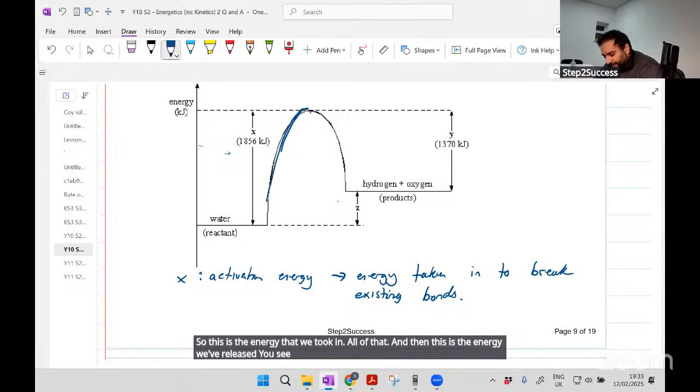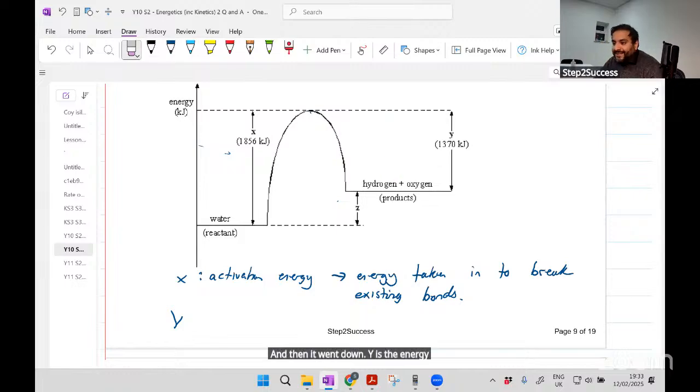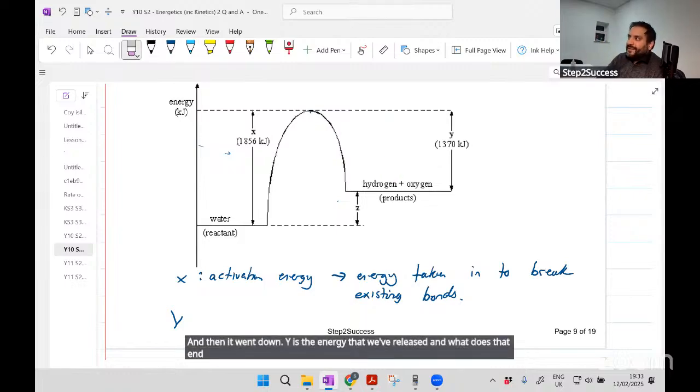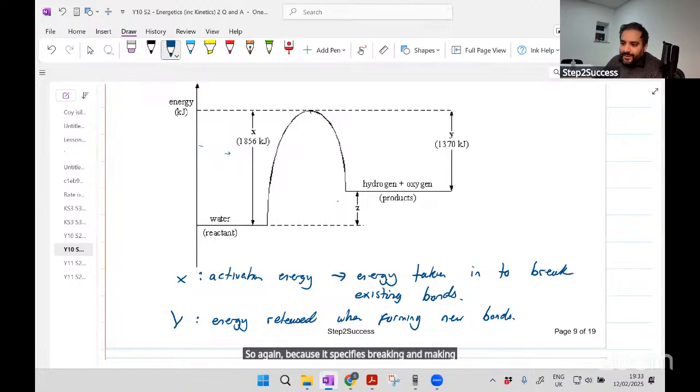It went up and then it went down. So Y is the energy that we've released. And when does that happen, when we're releasing energy? When we're forming new bonds. So it's the energy released when forming new bonds. So again, because it specifies breaking and making, we need to say these things in this question.